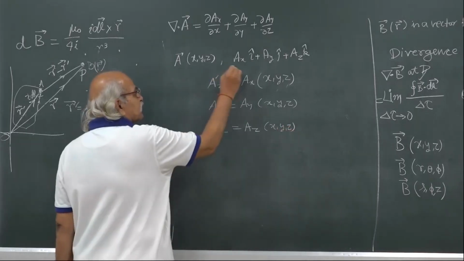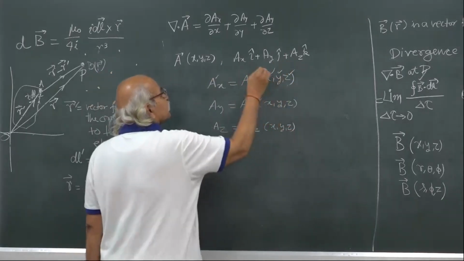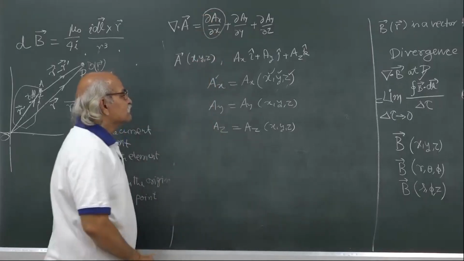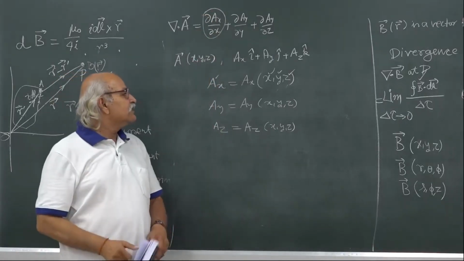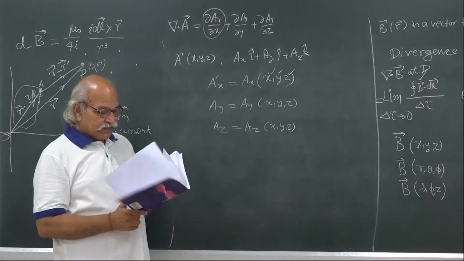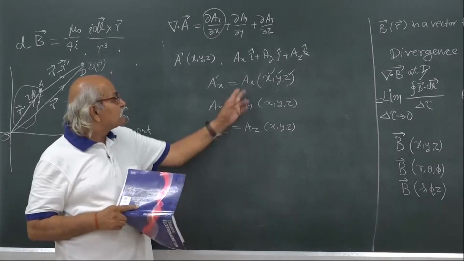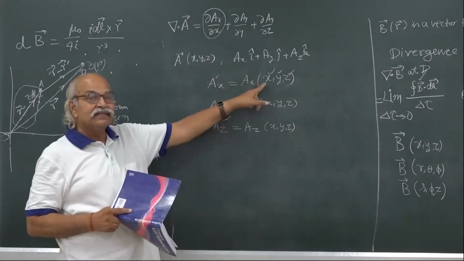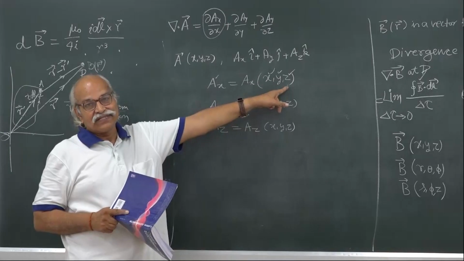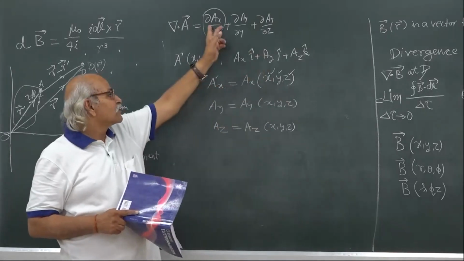So Ax is a function of x, y and z. What you have to calculate is that this function is to be differentiated with respect to x, treating y and z as constant. That is this term.